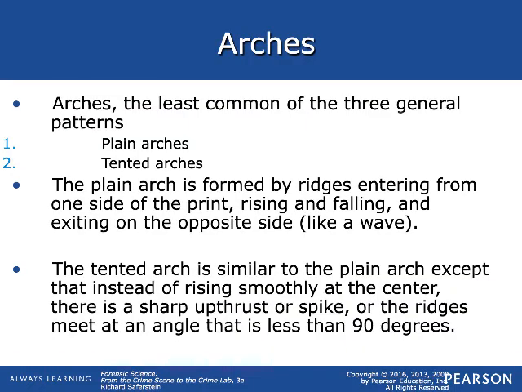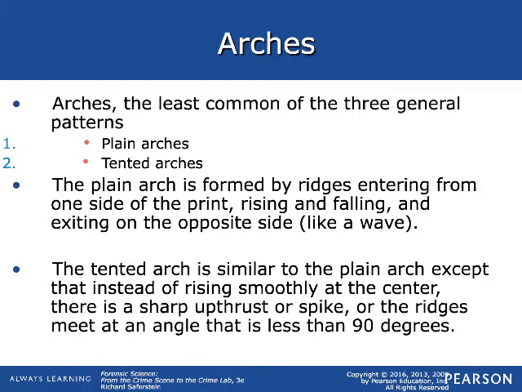Okay, now arches, which are kind of the easiest to see, are actually the least common of the general patterns. So there's plain arches and there's tented arches. So the plain arch, it's just the ridges are entering from one side and then they exit the opposite side. So just like a wave. So just think of a wave going across. A tented arch is, it's a wave, but in the center, the wave spikes up.